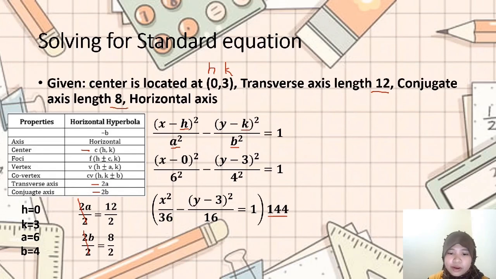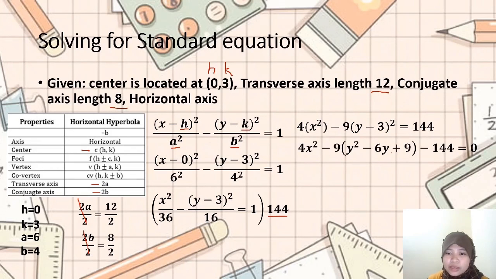Multiply 144 on both sides, and we will have 144 divided by 36 is equal to 4, quantity x squared, minus 144 divided by 16 is equal to 9, quantity y minus 3 quantity squared, is equal to 144. Now we will multiply 4 and x squared, expand the trinomial, and transpose 144. And we will have 4x squared minus 9 quantity y squared minus 6y plus 9, minus 144 is equal to 0.